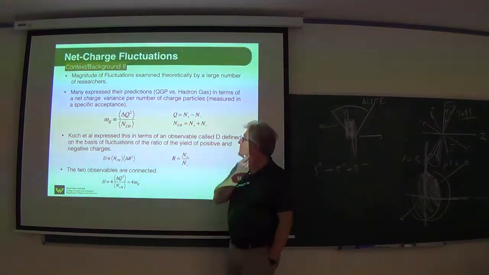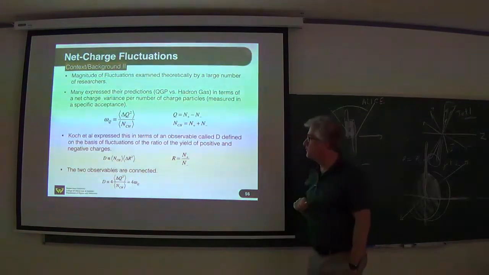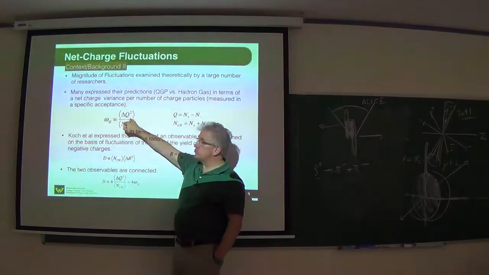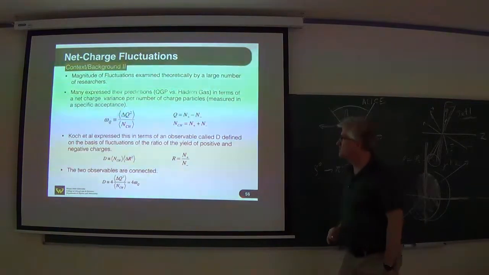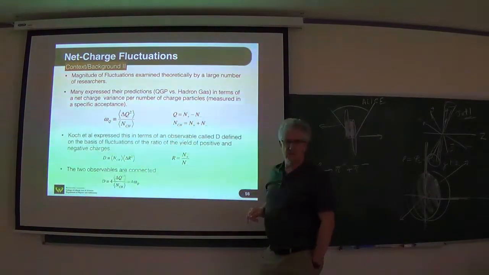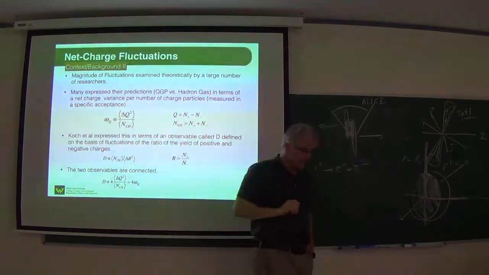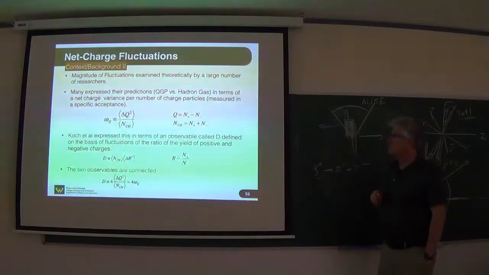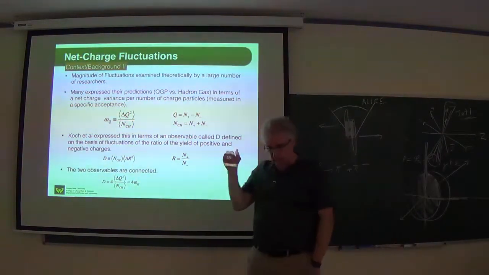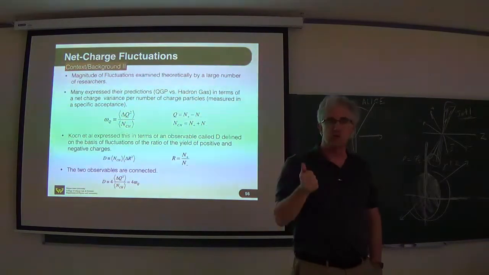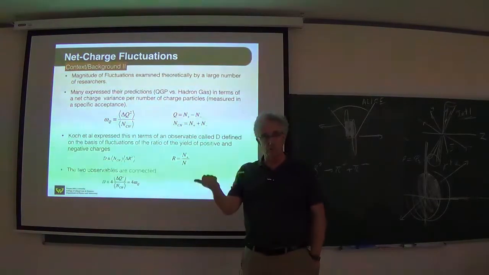People then constructed what they call the reduced variance. Taking the average of delta Q squared becomes the variance of the quantity, because on average the mean of this is essentially 0. People were saying that by measuring this we would have access to evidence that we had formed the quark-gluon plasma. The logic was that in hadron systems you're dealing with charges of +1, -1, whereas in the quark-gluon plasma you're dealing with charges of 1/3 or 2/3.